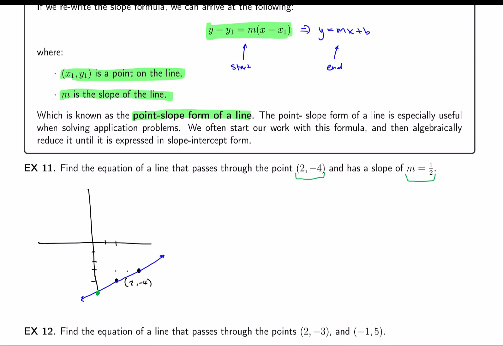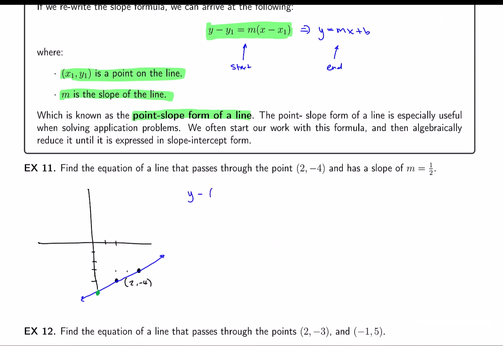But if we don't know what that y-intercept is, we can't use the y equals mx plus b formula. Now, there are students who do this, and what they will do is solve for b. You can do that, but the point slope form solves for b for you. It's designed to do everything all at once. So this is how I use it.